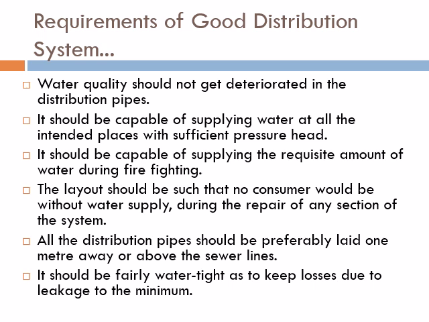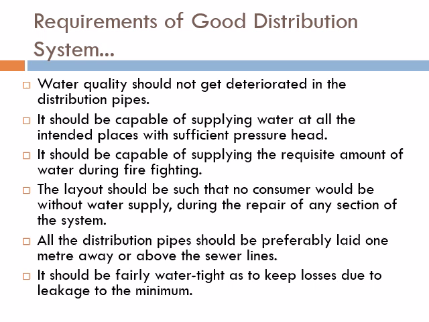Next is about the requirements of a good distribution system. The water quality should not get deteriorated in the distribution pipes. That is, it should maintain the same quality from the source till it reaches the consumers, and it should be capable of supplying water to all the intended places with the required pressure head, and it should be capable of supplying water in case of emergency situations like firefighting.